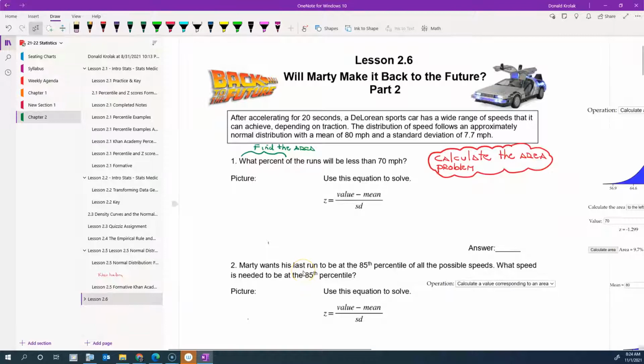Let's make a sketch here. We're told that the average is 80 and the standard deviation is 7.7.